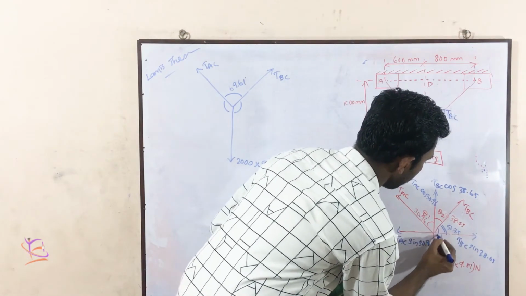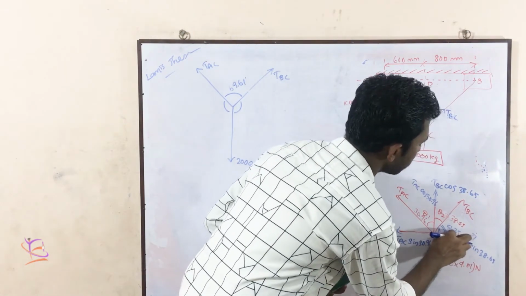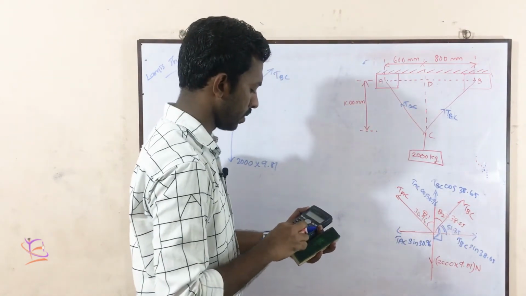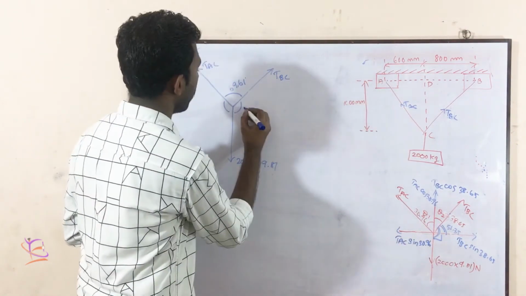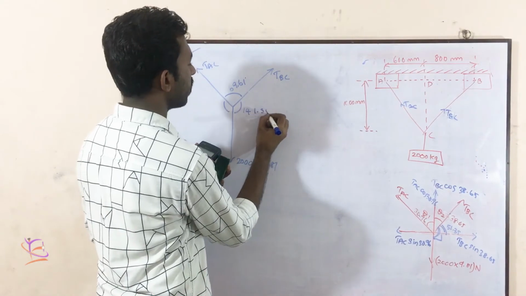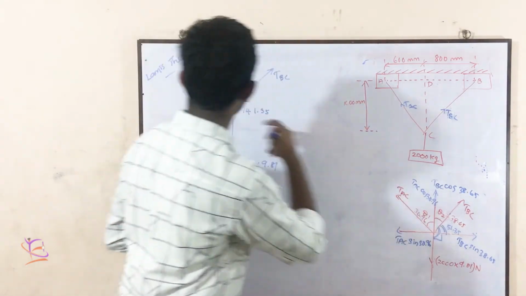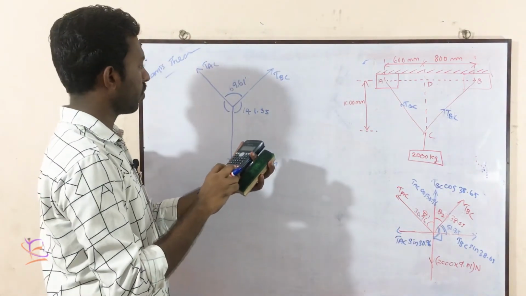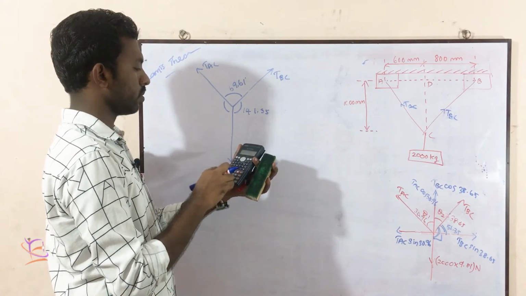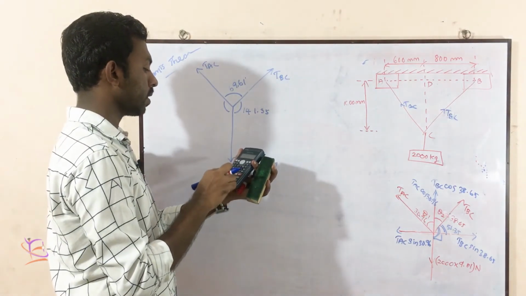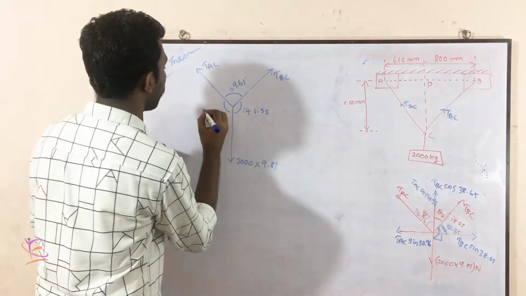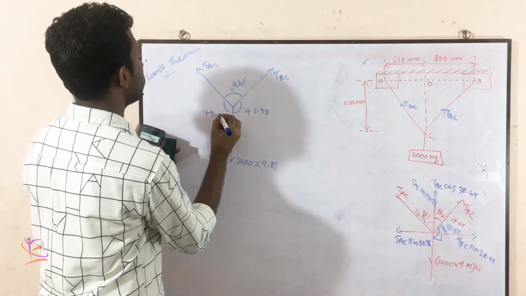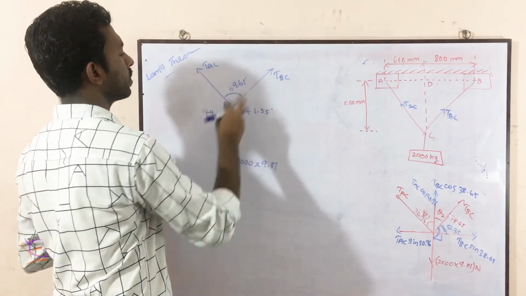So this angle will be 90 plus 51.35 equal to 141.35. So what is the remaining? Total 360. So 141.35 plus 69.61, minus 360, we get the answer 149.04 degree. So we got three angles.